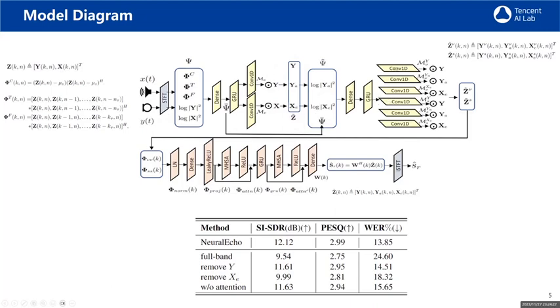After that, it goes to 6 individual 1D convolution layers to estimate 3 masks for extracting the target speech from the 3 channels, and 3 masks to extract the noise signal on the 3 channels. Here the noise means near-end noise as well as the residual echo. So eventually we have 3 channels of the noise estimation and 3 channels of the target speech estimation.